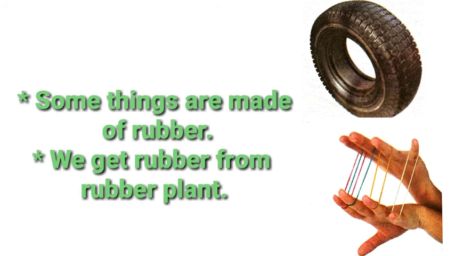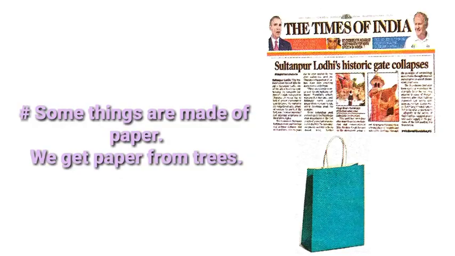Next example, some things are made of rubber. We get rubber from the rubber plant. This rubber also we get from the latex of the rubber plant, and the rubber plant is again a natural thing. Some things are made of paper. We get this paper from the trees, means from the bamboo tree.